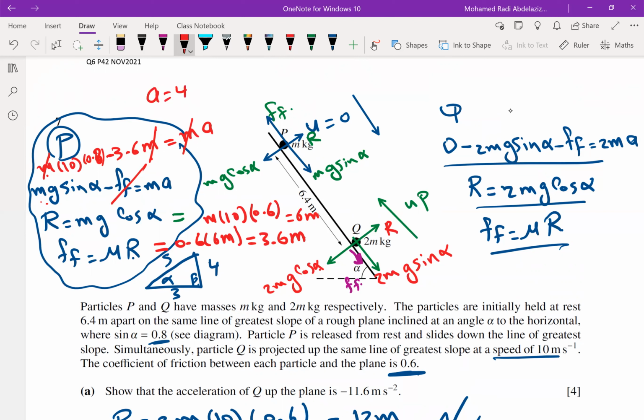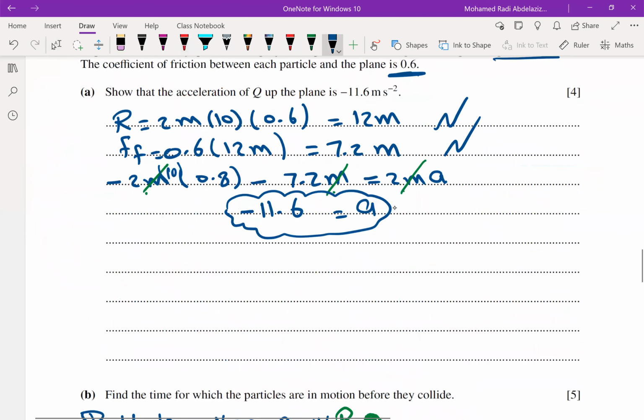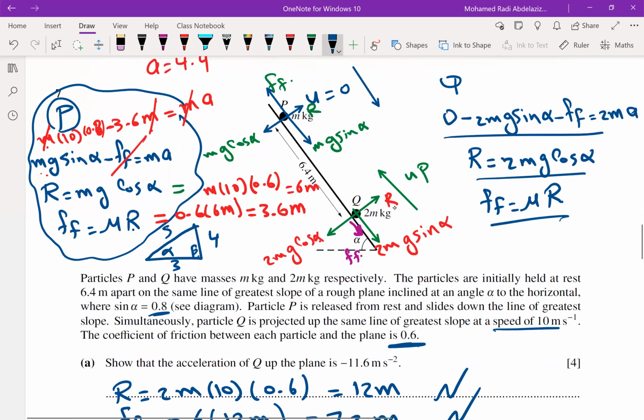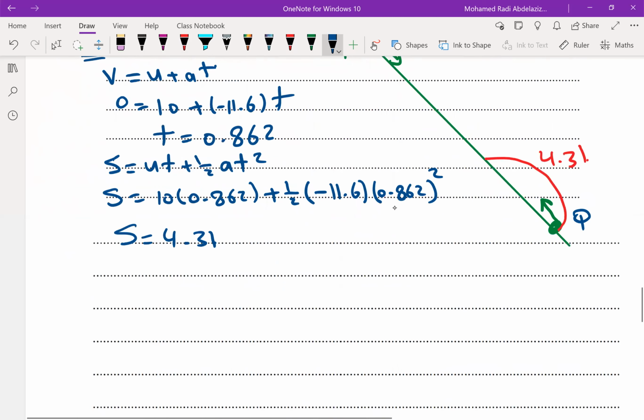Acceleration is 4.4. Now we'll find the distance covered by particle P moving down. For the particle P, S is equal ut plus half of at squared. So S equals initial velocity, start from rest, half acceleration just found 4.4, and the time is, we found it here.